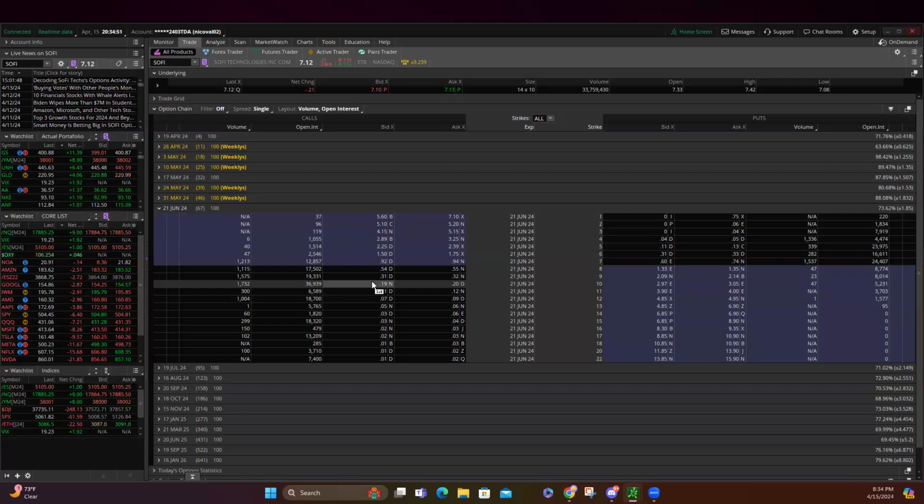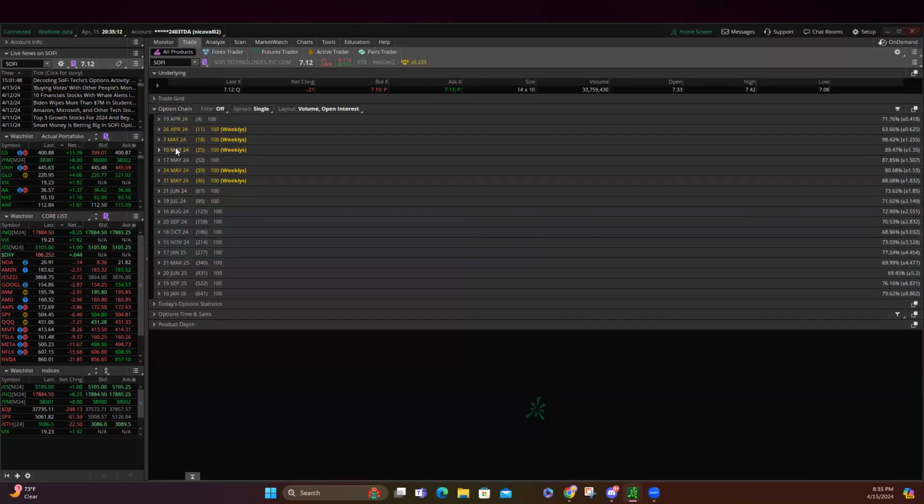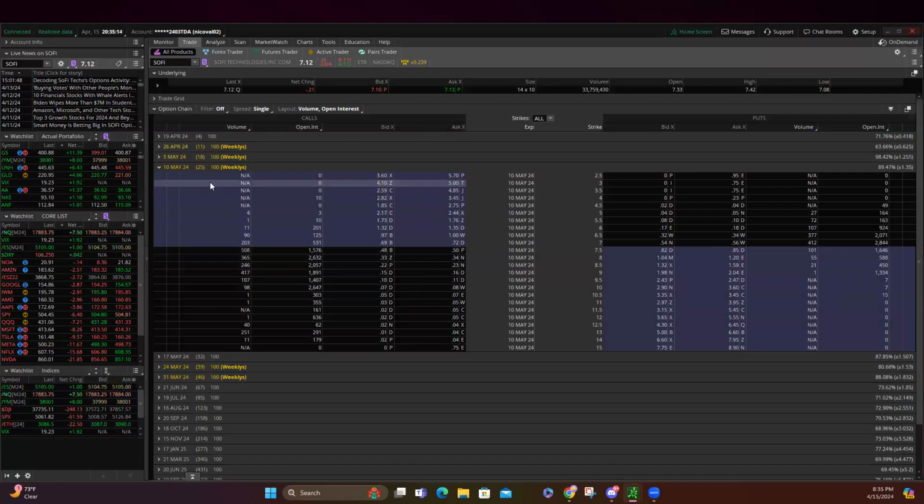But how do you choose which contracts you are getting? We can decide that by just taking the ones we can afford or the ones at the money. But this gives you another choice on deciding which contracts you are getting into. It's going to depend on the time frame of where you want to get in.